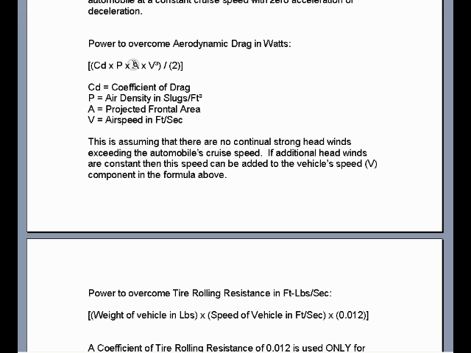We're approximating 16 square feet of the car's projected frontal area, and then the speed of the car in feet per second cubed divided by 2. When you do that, you will get the watts power required to overcome aerodynamic drag. This can then be divided into 746, the number of watts to horsepower, to calculate the horsepower to overcome aerodynamic drag.